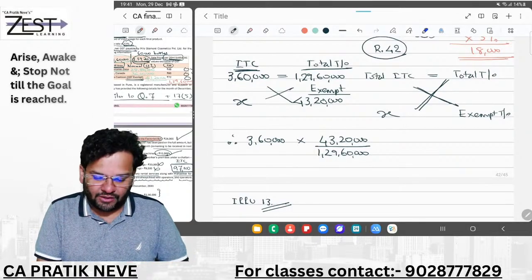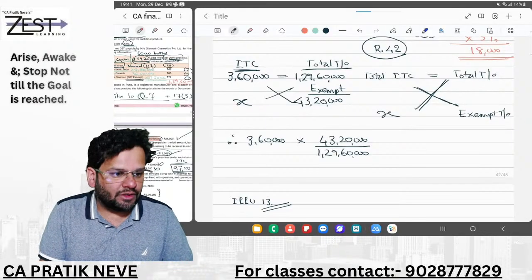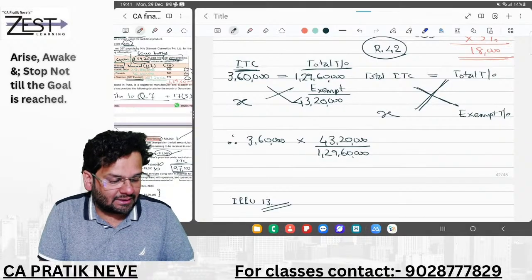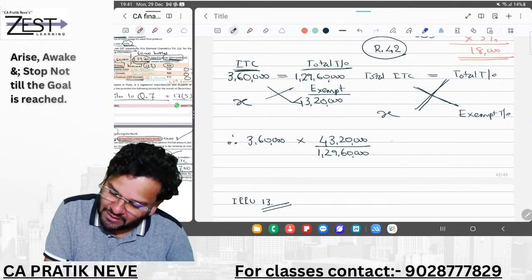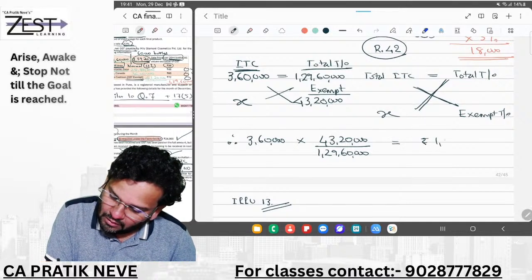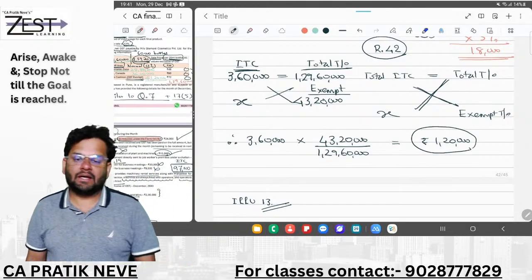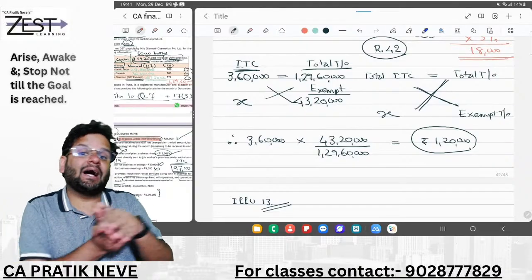Of course, don't first multiply, first divide, because the figures are huge. So 43 lakh 20,000 divided by 1 crore 29 lakh 60,000 into 3 lakh 60,000. You must be getting 1 lakh 20,000. Yes. So this 1,20,000 will be not allowed.